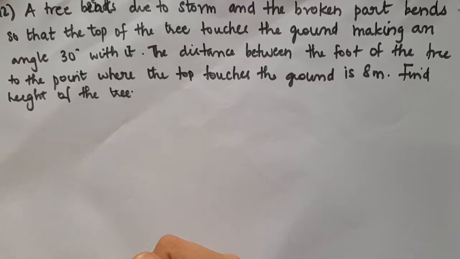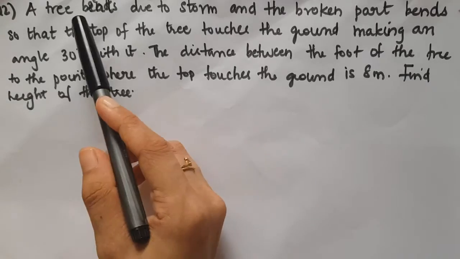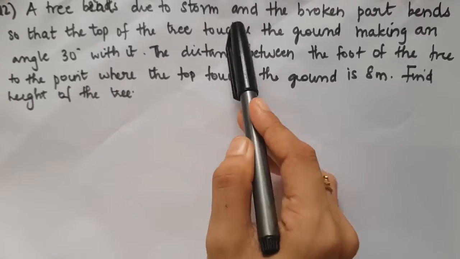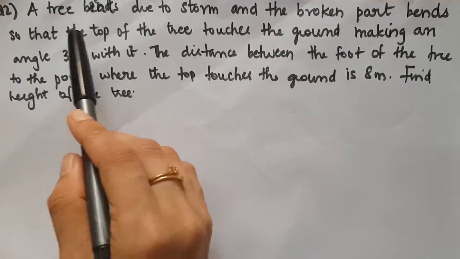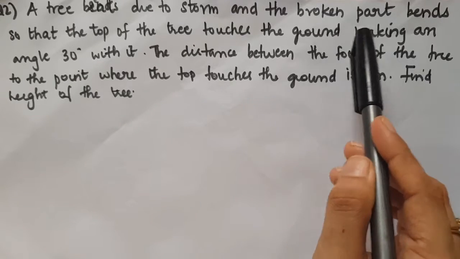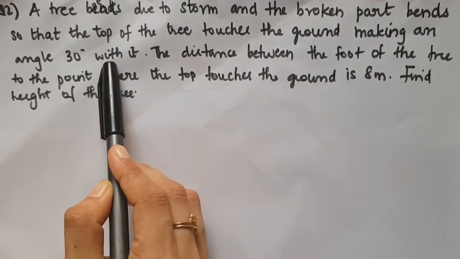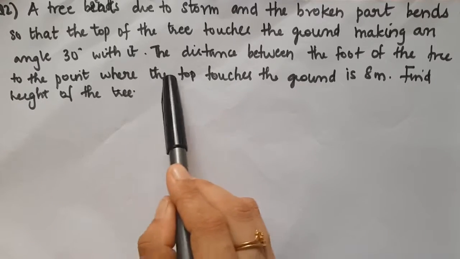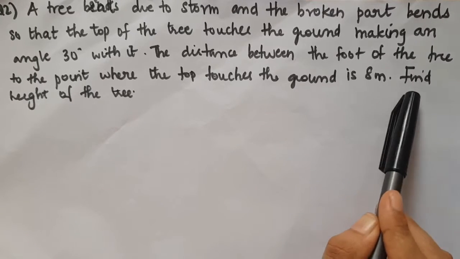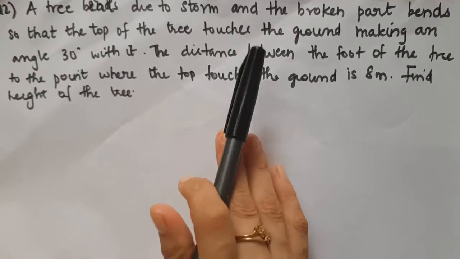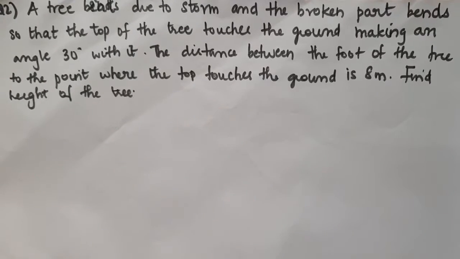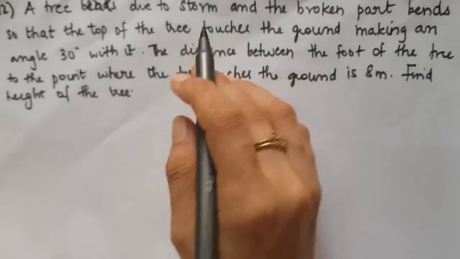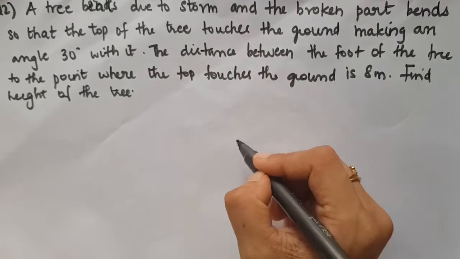Moving on to the second question: a tree breaks due to a storm and the broken part bends so that the top of the tree touches the ground, making an angle of 30 degrees with it. The distance between the foot of the tree and the point where the top touches the ground is 8 meters. Find the height of the tree. Imagine the scenario: there was a tree, and it broke due to the storm.